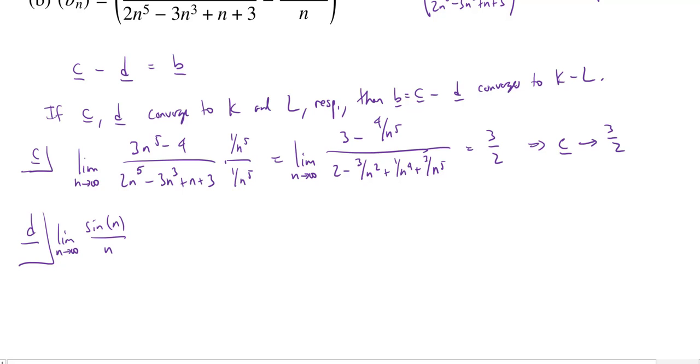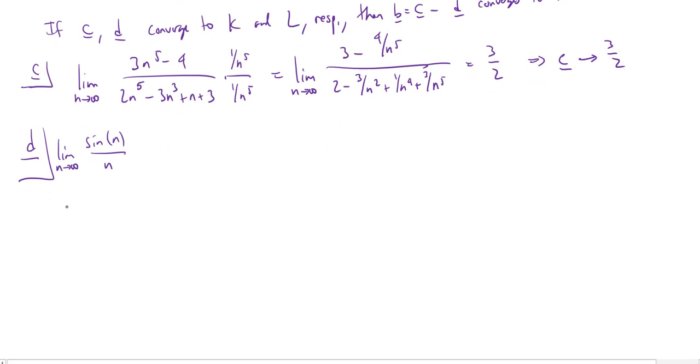However, the squeeze theorem is going to help us out here. We know that the sine function lies between -1 and 1. If we then divide by n, which is positive as n goes to infinity, none of these inequalities change.